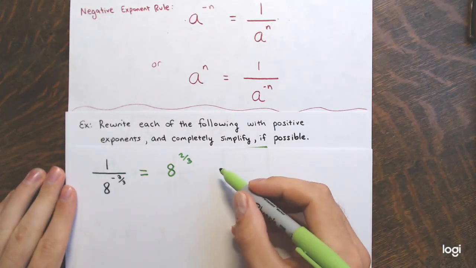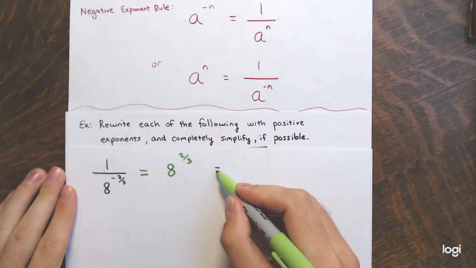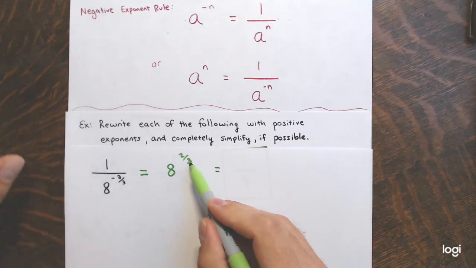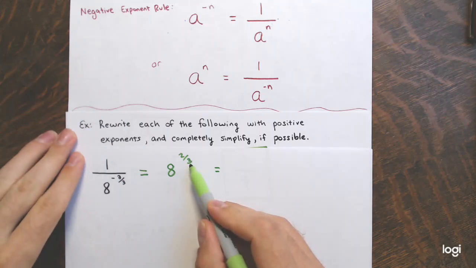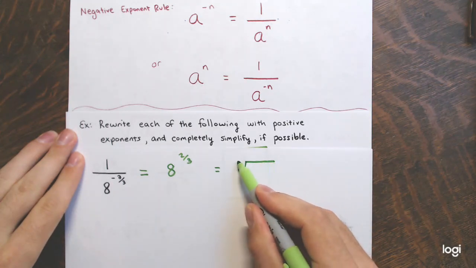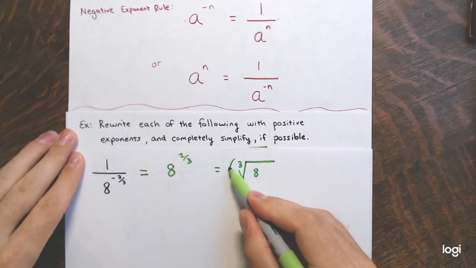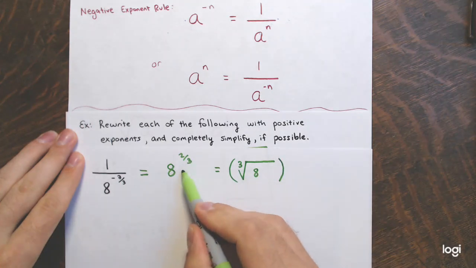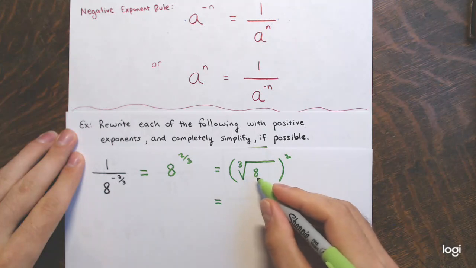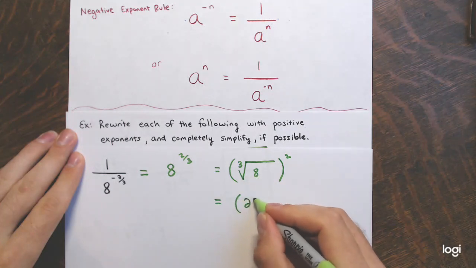All right, and then what is 8 to the 2/3? Remember how we work these. I'm going to rewrite this as a radical. The denominator is odd, it's 3. That's the index of the radical. I'm going to be taking the cube root of 8, and then raising that cube root of 8 to the numerator power, the second. And what is the cube root of 8? That is 2, because 2 to the third is 8.